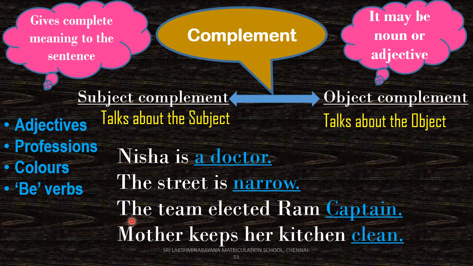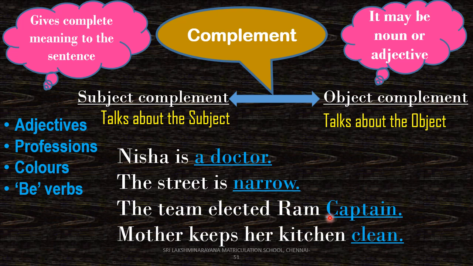Coming to the next sentence, the team elected Ram captain. Here, what is the subject? The team is the subject. Elected is the verb. And what is this, Ram, children? Ram is an object. Who is being elected? Ram is being elected. If something answers the question whom, it's an object, you know. Now what is this, captain? Captain is a complement.